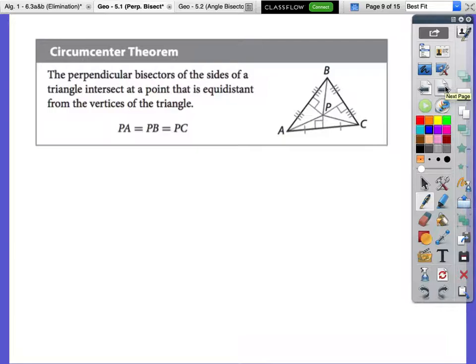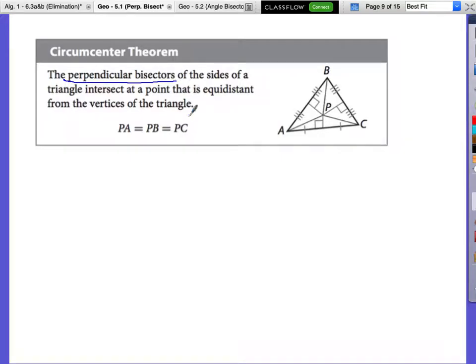The circumcenter is where the perpendicular bisectors of the sides of a triangle intersect at a point that is equidistant from the vertices of the triangle.